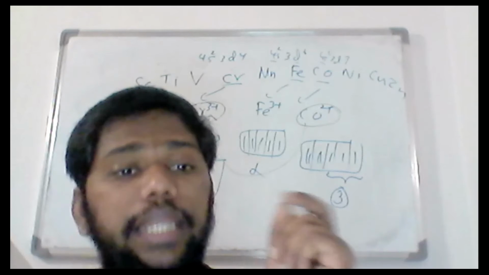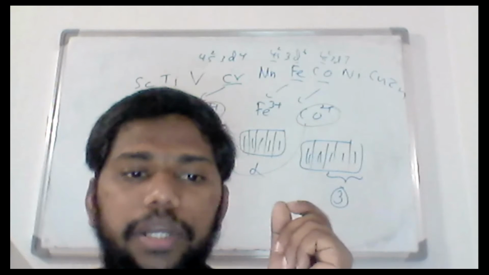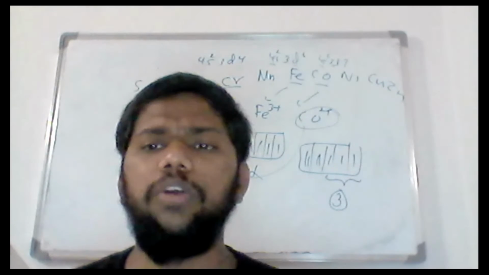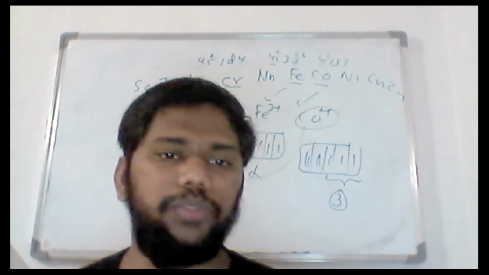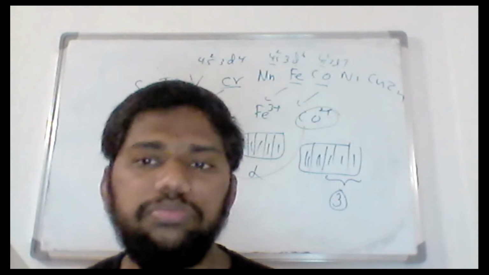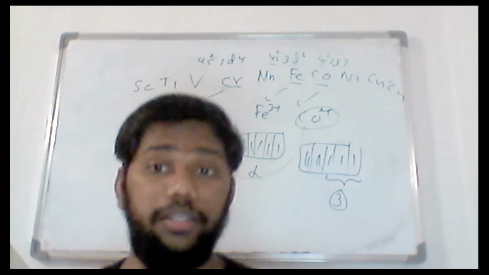Titanium nanoparticles are also used in sun creams. And for chromium, the common oxidation states are +2 and +3 in general. So maximum bonding can be present in vanadium, for example vanadium pentoxide.